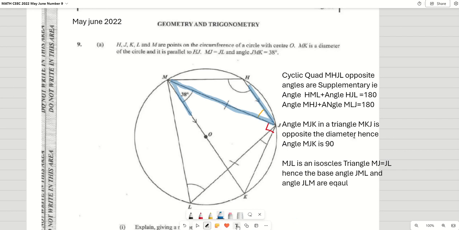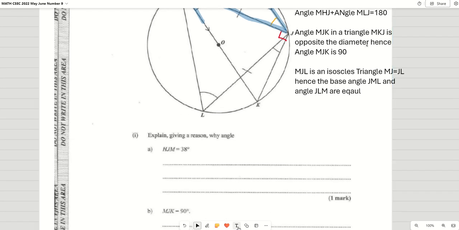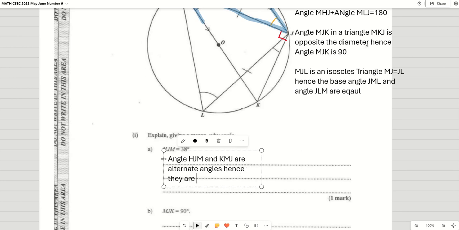So what you would put is that angle HJM and KMJ are alternate angles, hence they are equal. Let's make this bigger so we can fit.